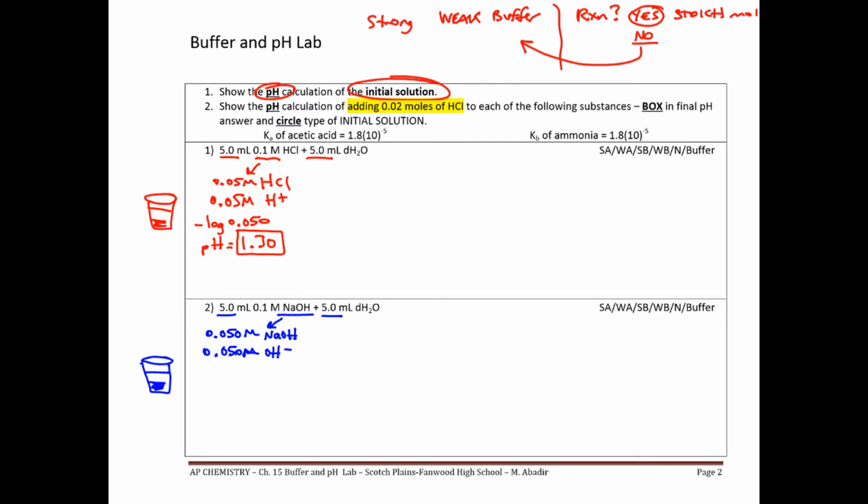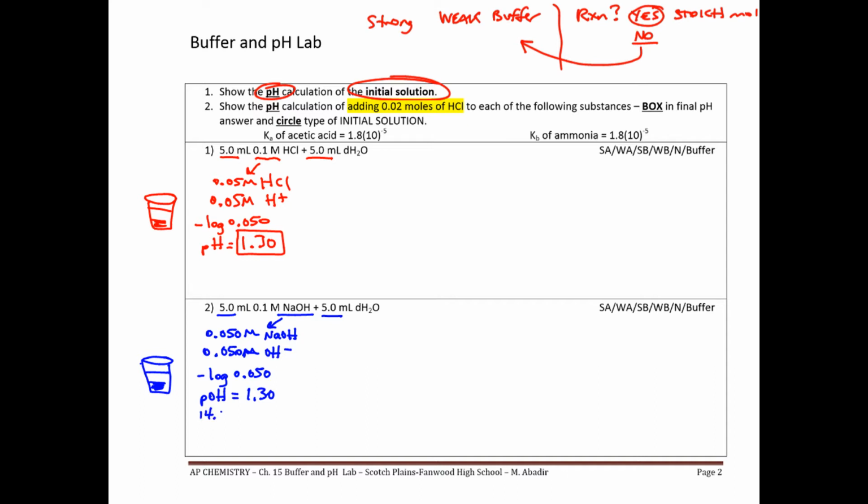And so when you take negative log of 0.050, you're going to get also 1.30, but remember that's the pOH equals 1.30.